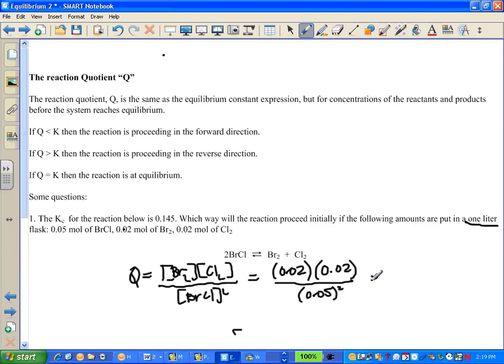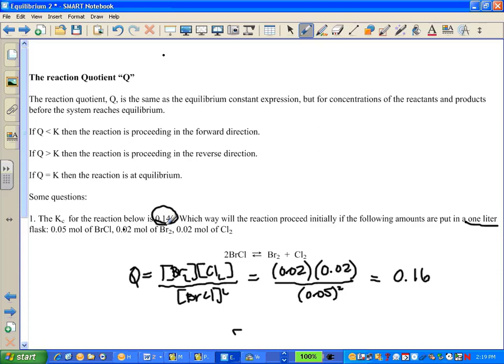When we compute this, we find that we get 0.16. By comparing this value to the equilibrium constant, which is 0.145, we can see that they're not the same.